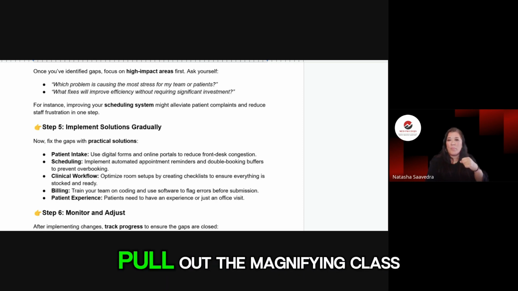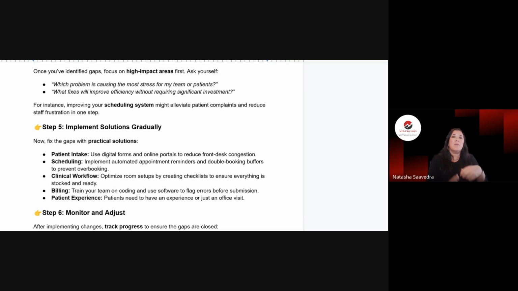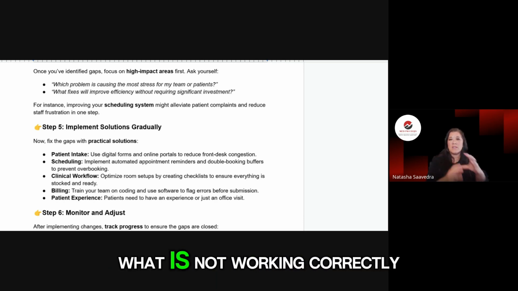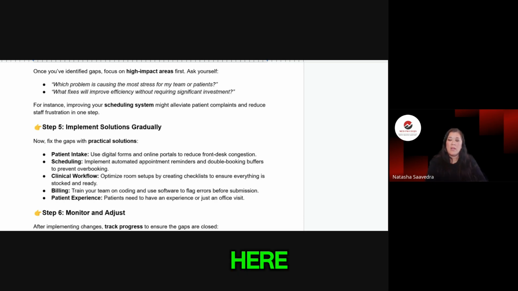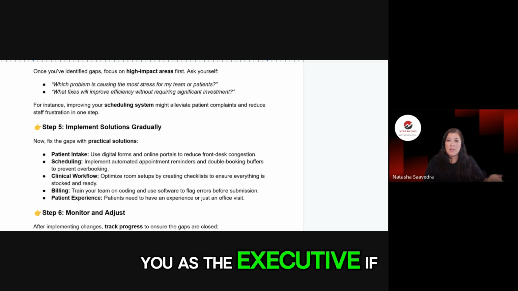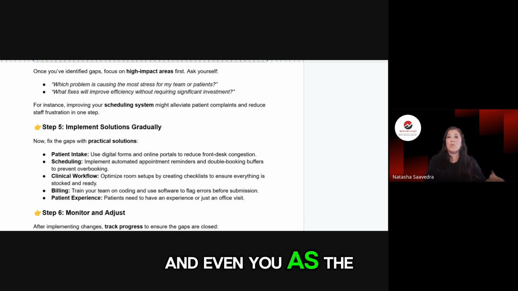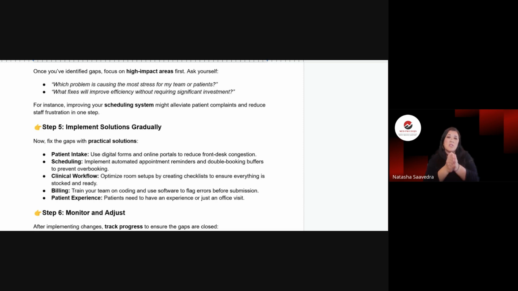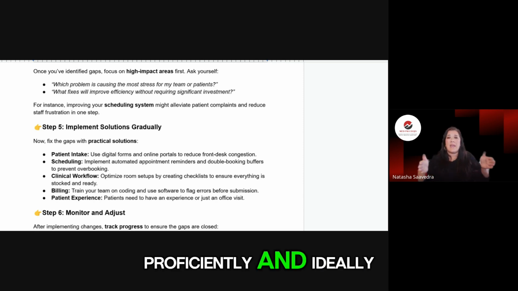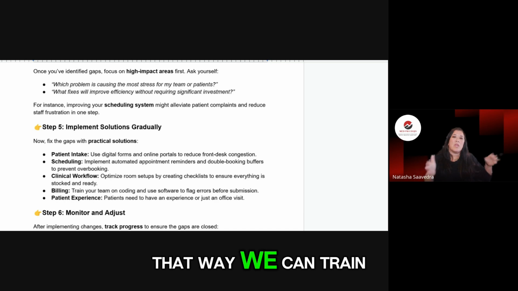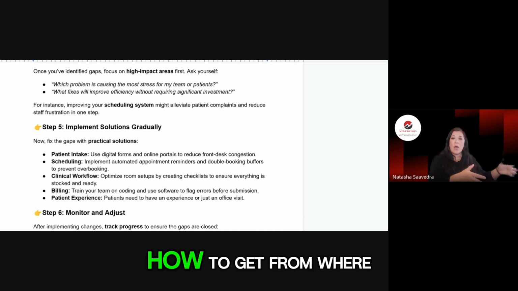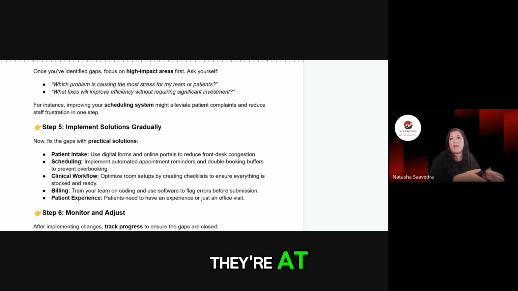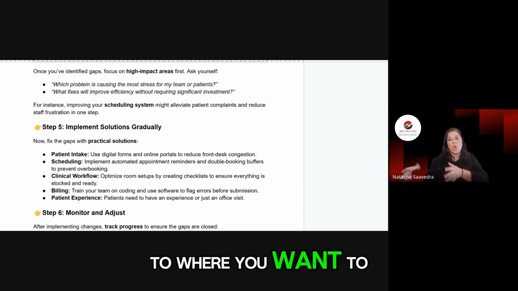Take the time, pull out the magnifying glass, peel back the onion and say, what is not working correctly here? You as the executive, if you're watching this, and even you as the manager, should know how the system should work smoothly, proficiently, and ideally. That way we can train our teams how to get from where they're at to where you want to be.